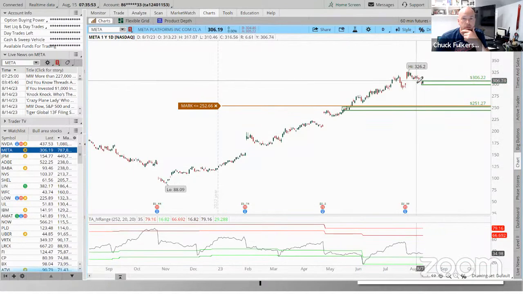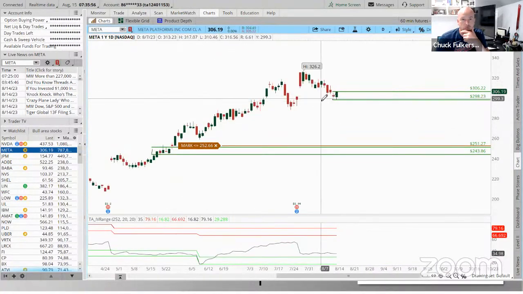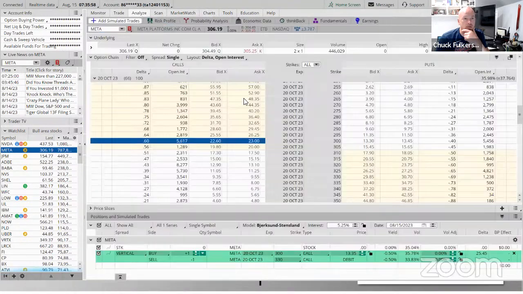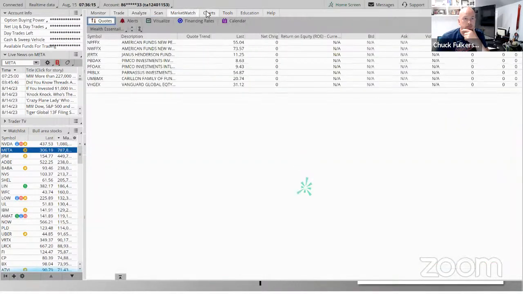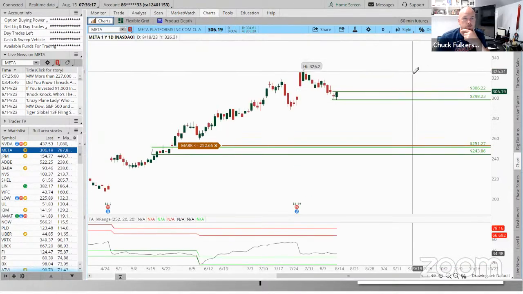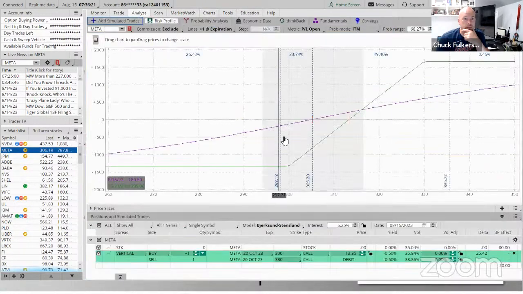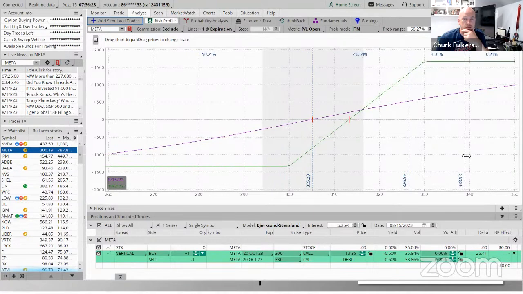My stop in this case would be below 298.23, so let's just call it 298. So stop at 298. Target: let's put the first target at 326, but I think we could certainly get higher than that, because if this is a true impulsive move up, we should get way above 326. So let's look at 326 and then 340.